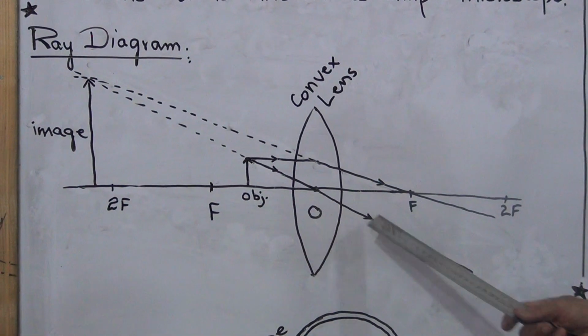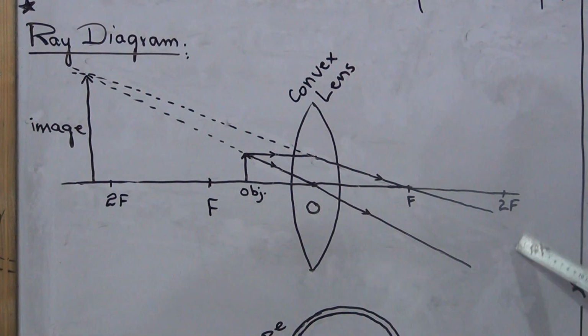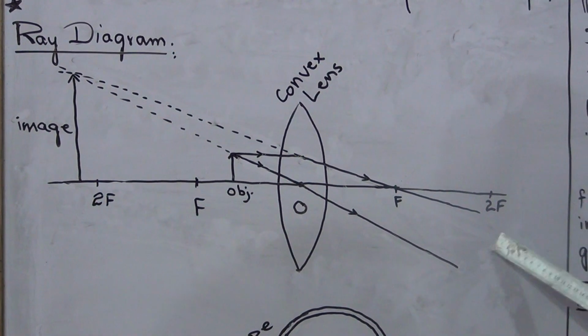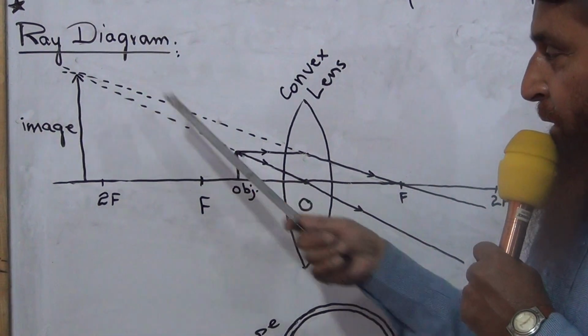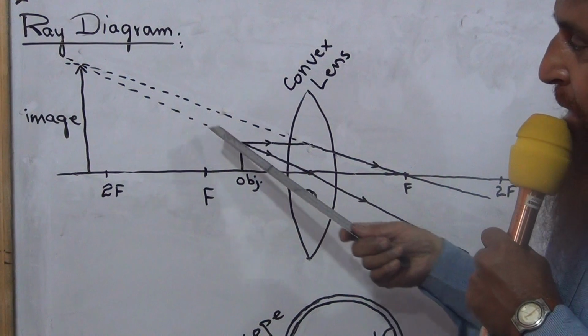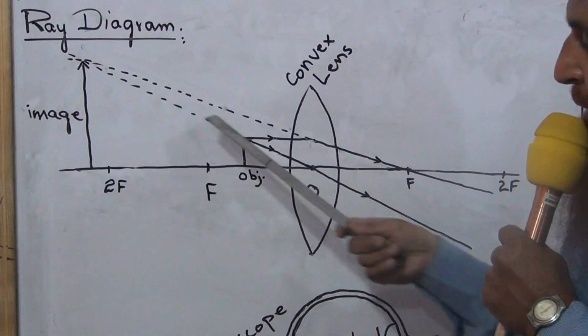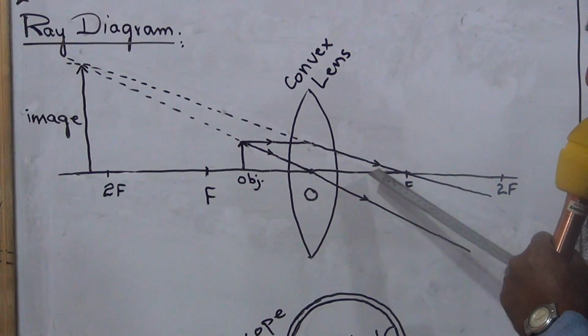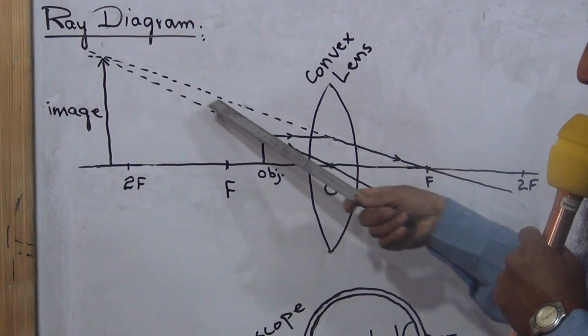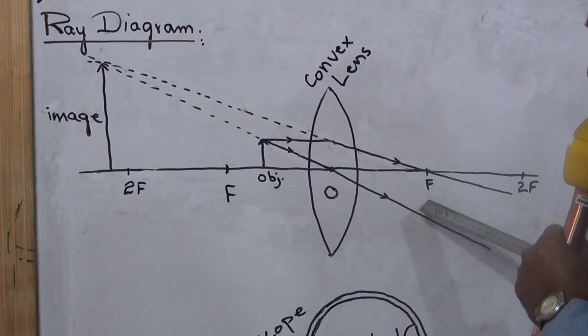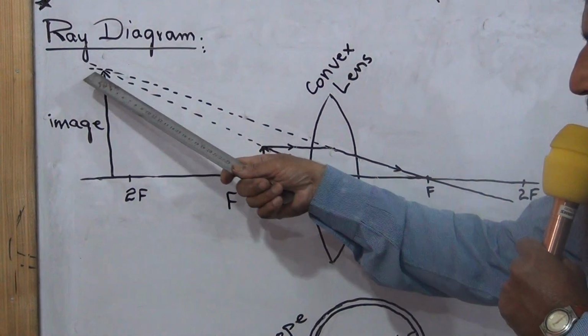Both the rays will not actually intersect each other, but we will make an imaginary intersection with a dotted line. We will draw one ray backward in a straight line and also the other ray in a straight line.